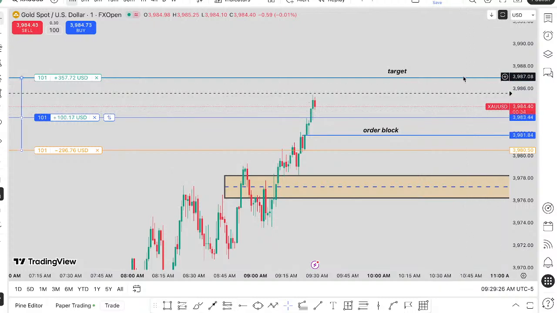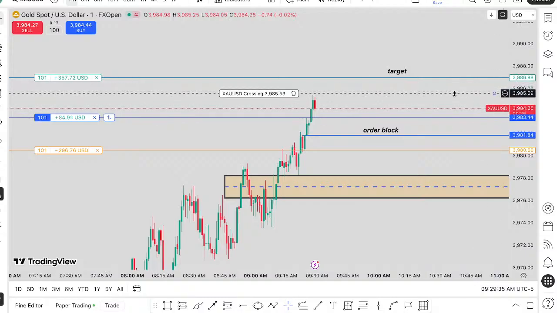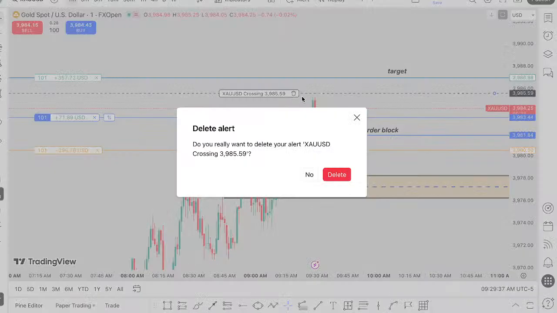It looks like they're going to take that target. It's crossing.